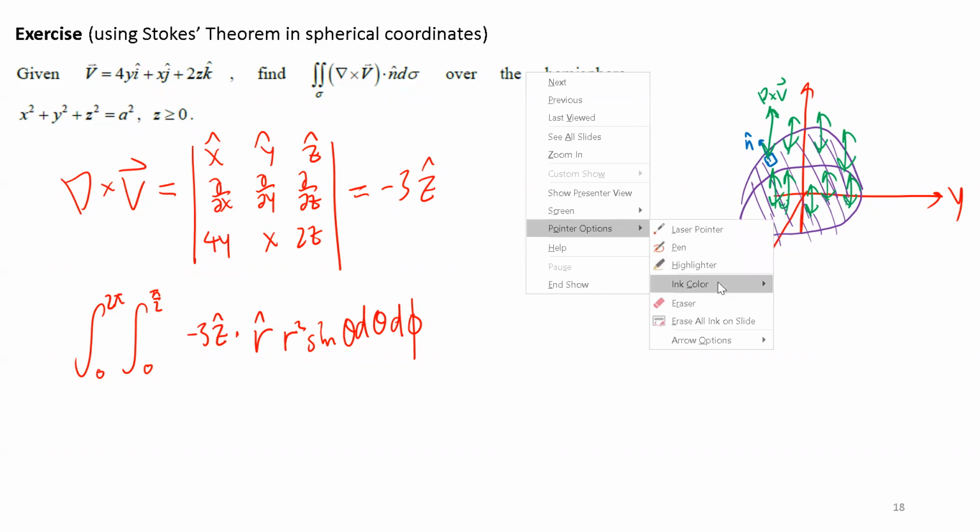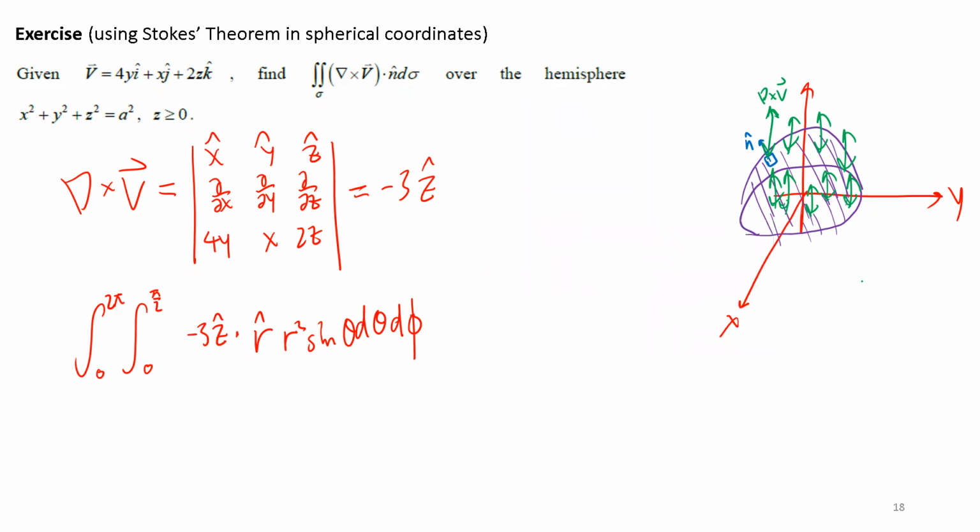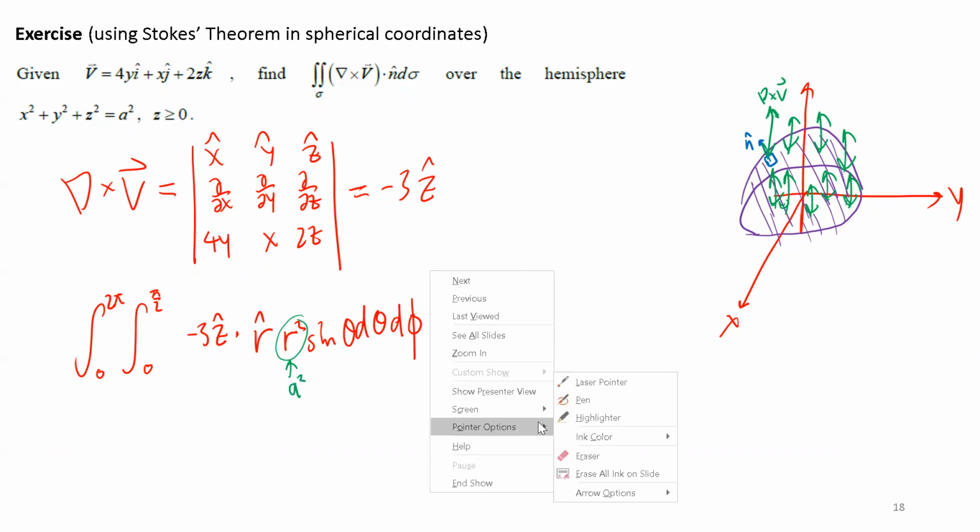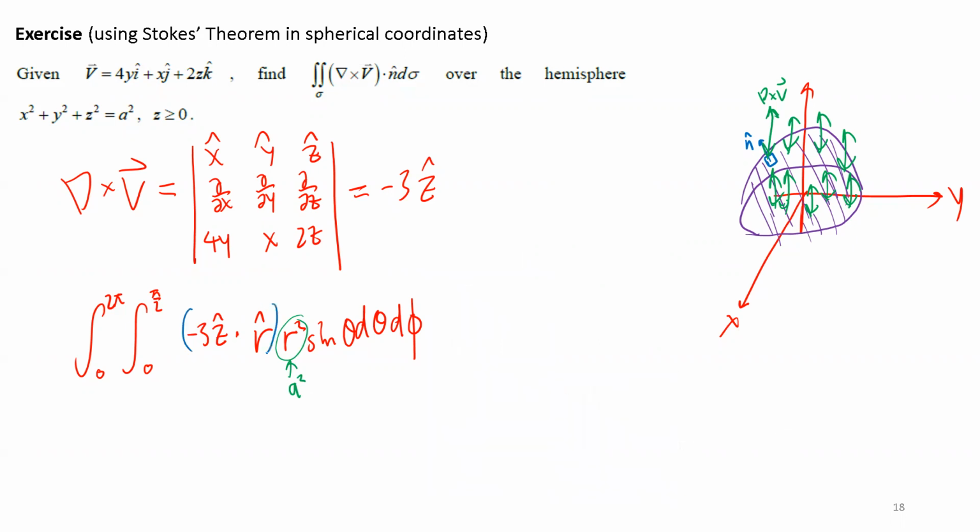And really, this R we just replace with the radius of the sphere, this time, which is a. So this one is just a squared. Then we just need to take care of this dot product.